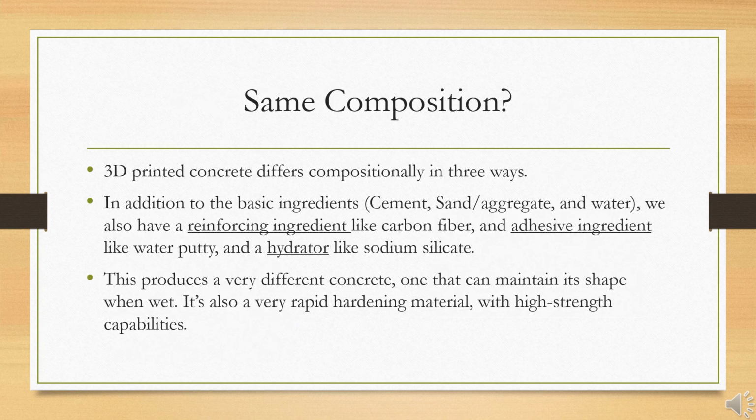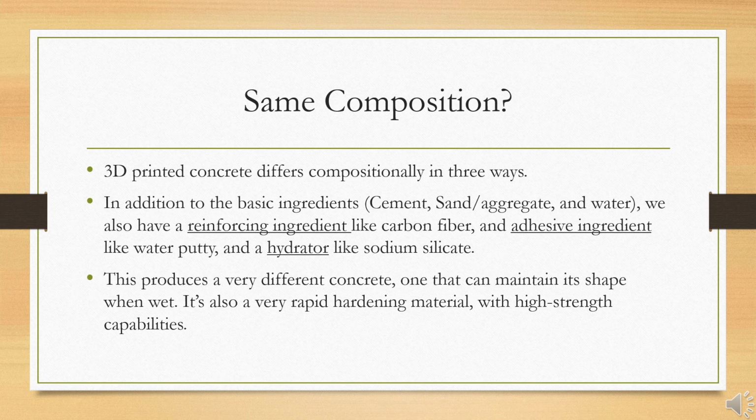Now, a very important question to be asked is, is normal molded concrete made up of the same composition as 3D printed concrete? Now, here's the answer. 3D printed concrete actually differs compositionally in 3 ways.